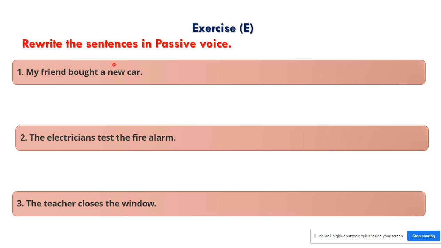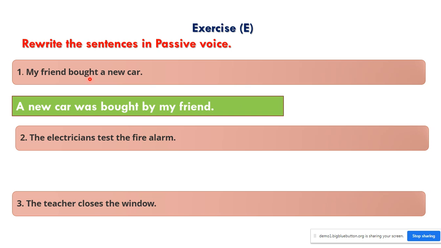We switch the subject and the object, so I'll start with the new car. What about the verb? Here I have "bought," past simple. To convert the past simple into the passive, it is was or were followed by the past participle.